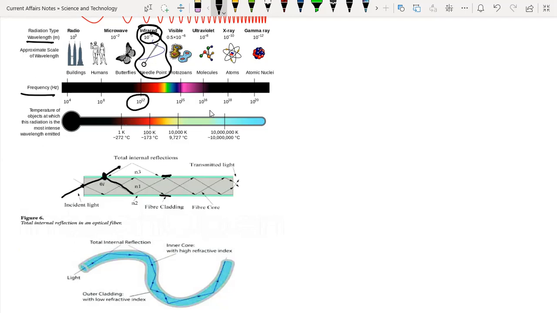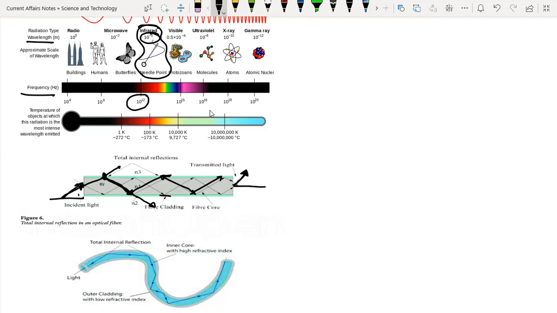It moves towards the surface. Again, when this light comes here, it does not follow the normal path. It reflects towards the surface, and in this process the light is totally internally reflected within the cladding. When the light comes out, you can clearly see the incident light and the light coming out of the tube are in the same direction.